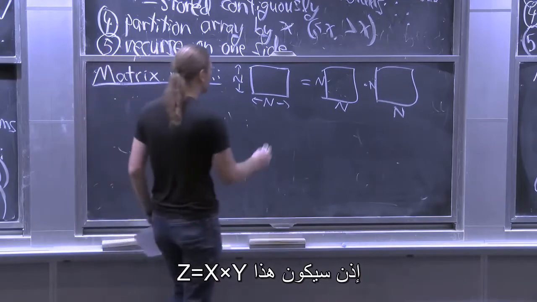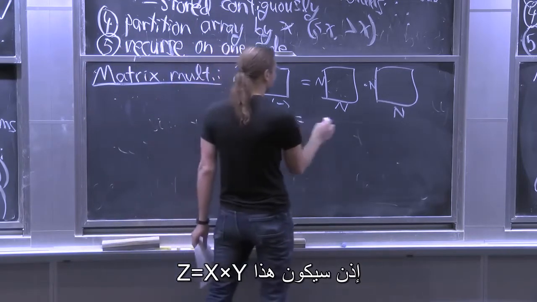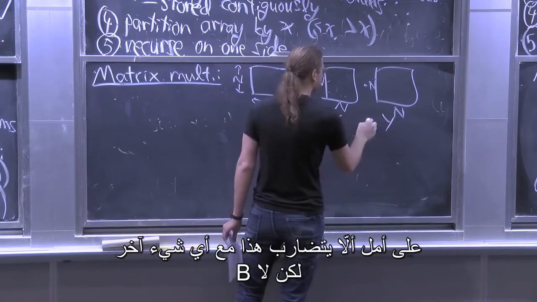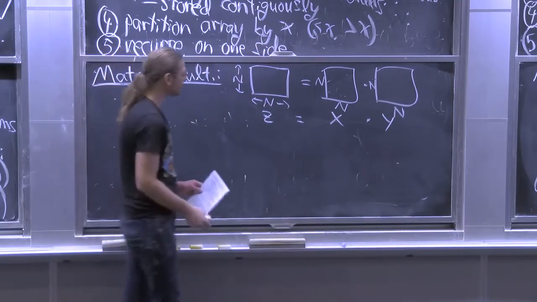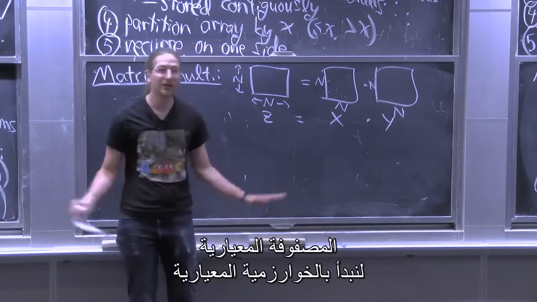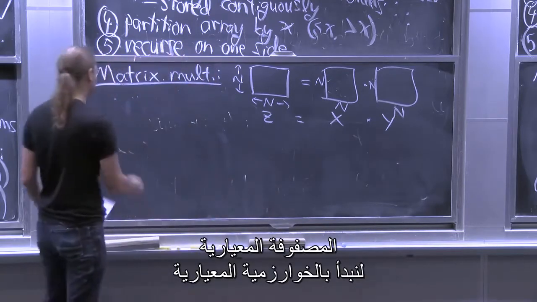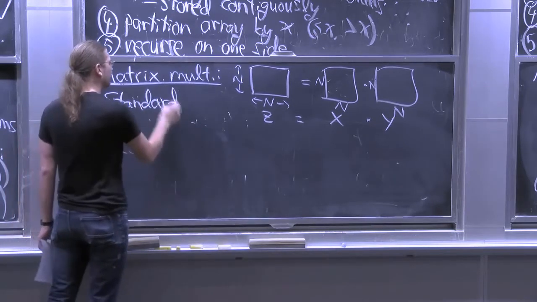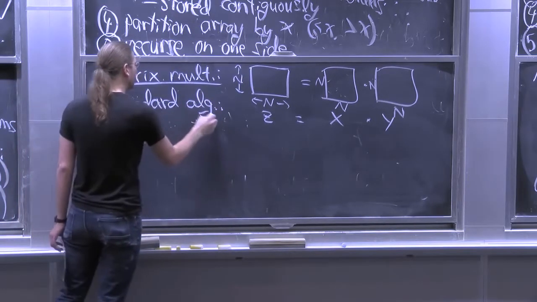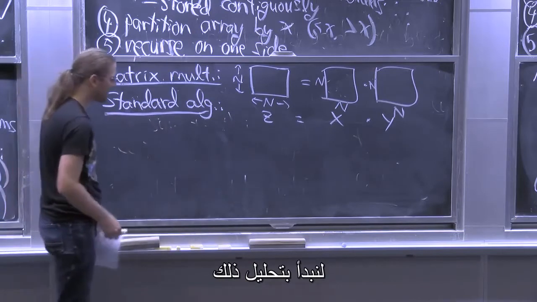So this is going to be Z equals X times Y. Hopefully, that doesn't conflict with anything else, but no B's. All right, let's start with the standard algorithm. Let's start by analyzing that.